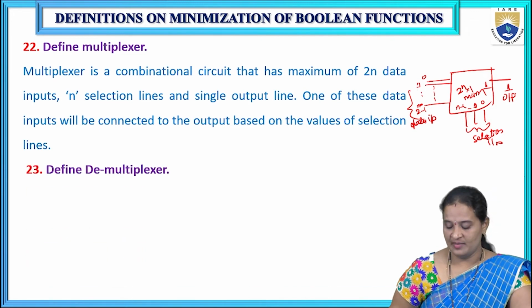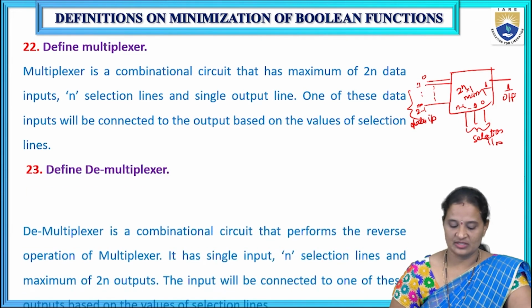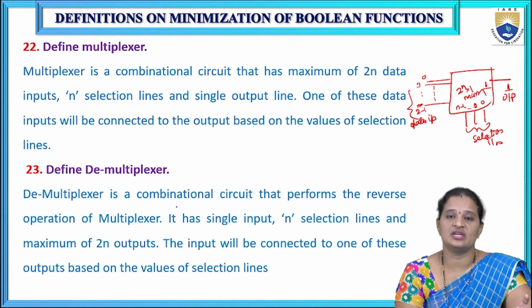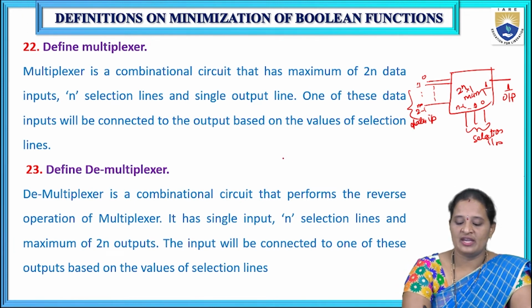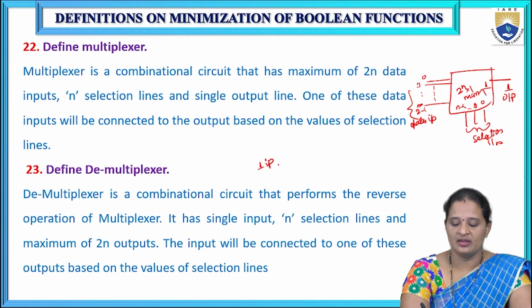Now coming to the demultiplexer, define a demultiplexer. So a demultiplexer is also a combinational circuit that performs the reverse operation of a multiplexer, where it has a single input line and 2^n output lines, with n selection lines.